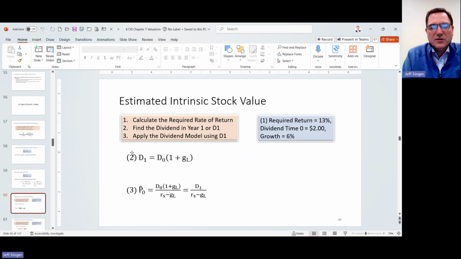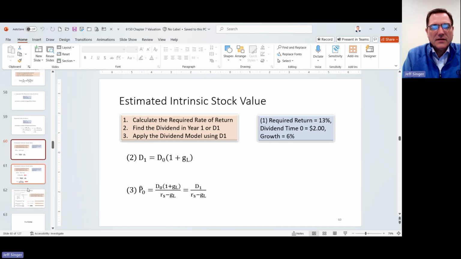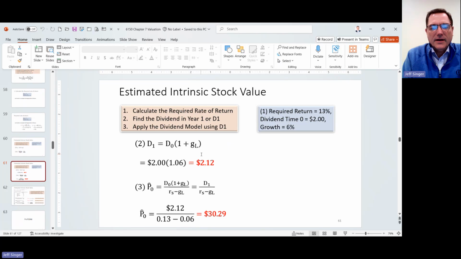Now we're going to do steps 2 and 3. Find the dividend in year one, and then apply the model, as you can see in step 3. As we do that, you can see the dividend in year one is simply, if it's a $2 dividend and it's got a growth of 6%, that means the dividend in year one is expected to be $2.12.